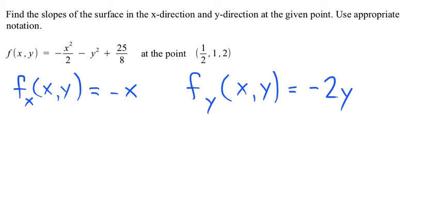So what we want is to plug in this particular point P, and let's find out what the slopes are like by plugging in those values.